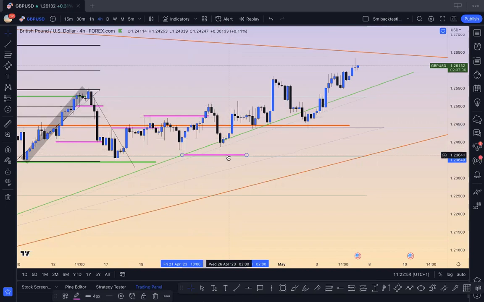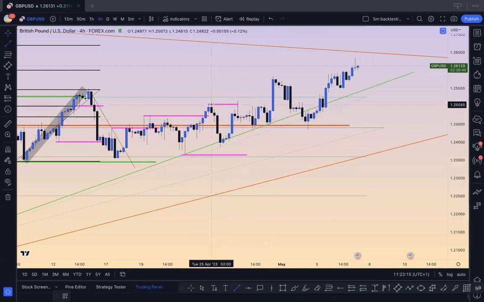And so then this is a new break of structure. Oh, what's happened? Okay, so this is a new break of structure, but nothing. Again, I don't have a trend line to draw.